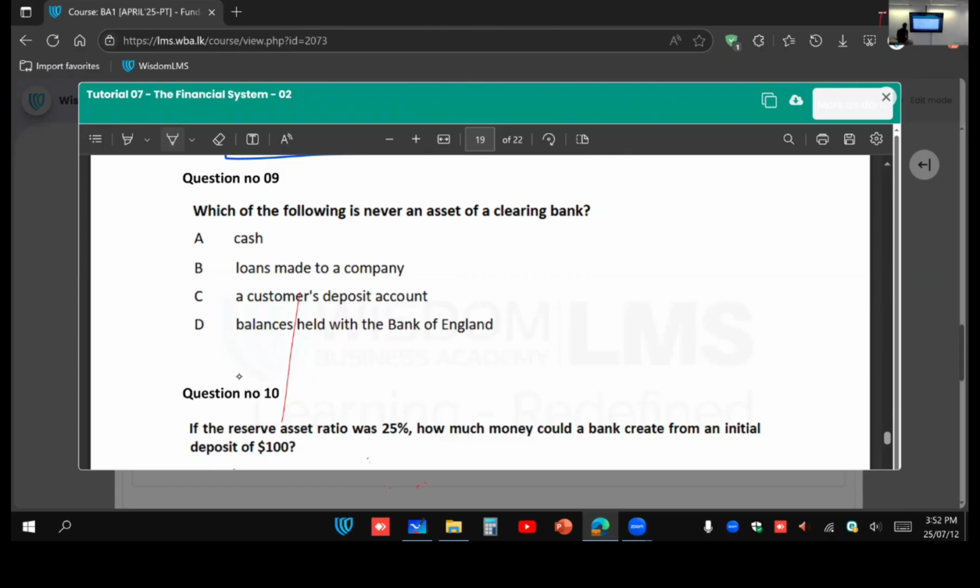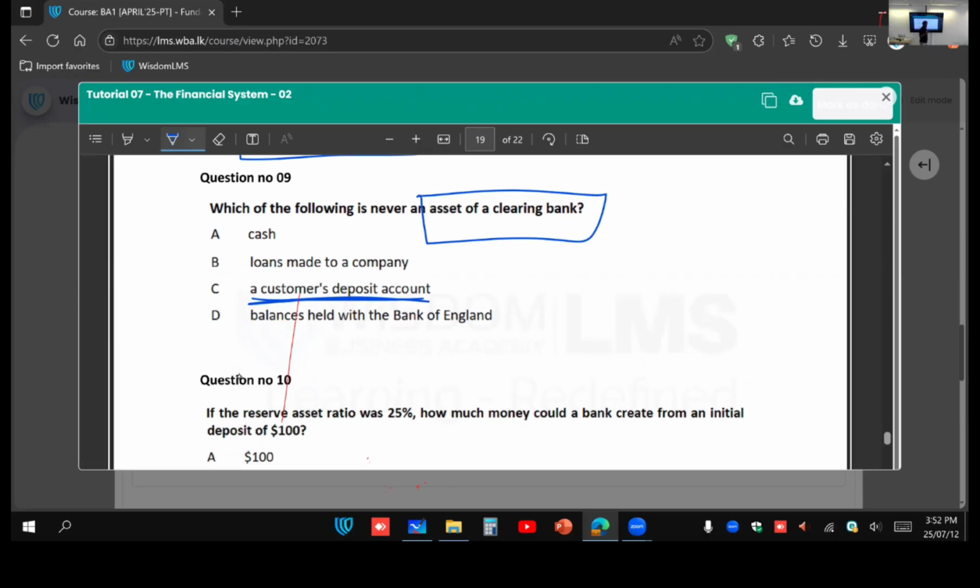Those who say C, what is the reason? Yes. Whatever the customers deposit, when it comes to a clearing bank, what customers come and deposit is a liability to me. Right? Assets and liabilities work in the opposite manner when it comes to a bank's balance sheet. Clear? Understood? Answer is C.